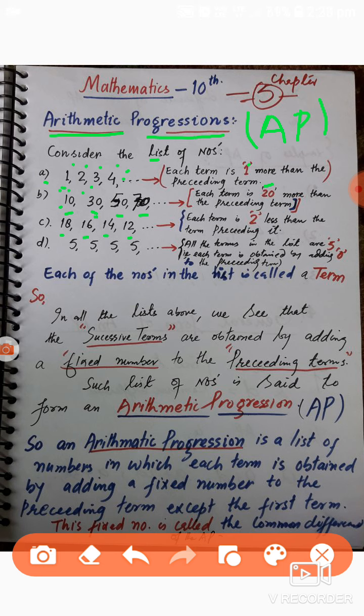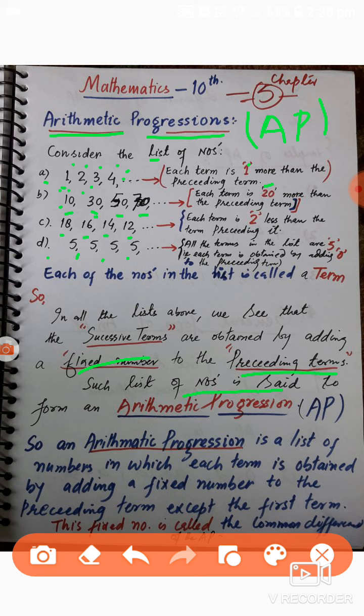Now in the fourth case we see that the terms are 5, 5, 5 and 5. So over here we see that every term can be obtained by adding 0 to the preceding term. So in all these lists of numbers above, we see that succeeding terms are obtained by adding a fixed number to the preceding term.